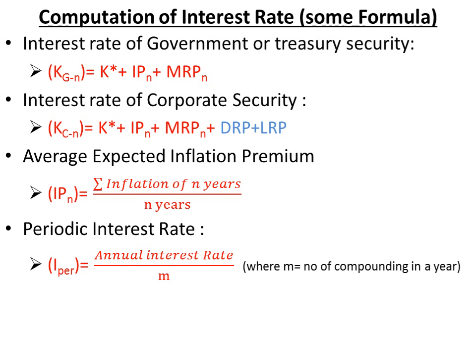If the interest is compounded semi-annually, m equals 2. If quarterly, m equals 4. If monthly, m equals 12. If weekly, 52. If daily, 365.